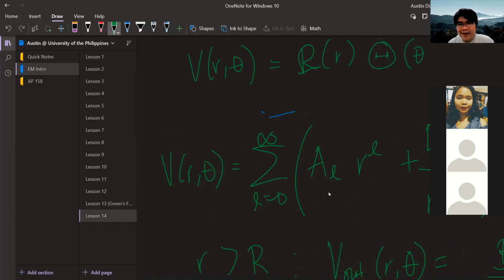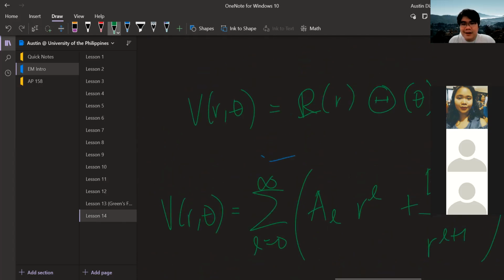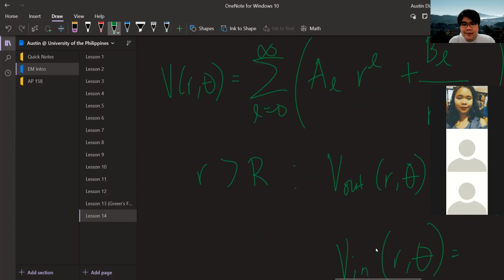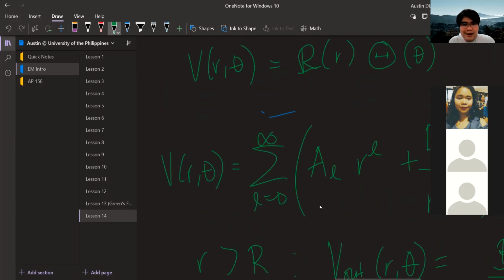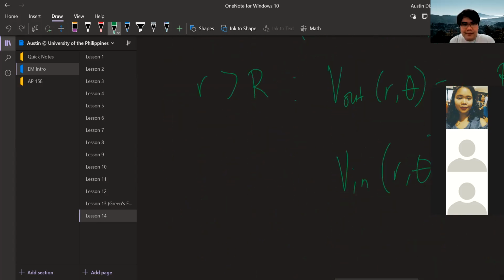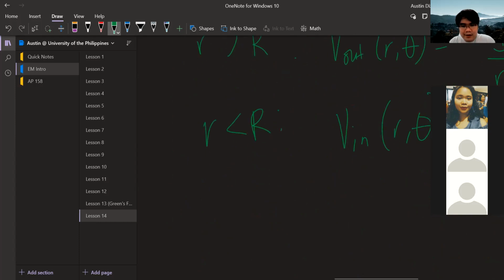Ganyan, di ba? Yan yung separation of variables. Okay? So, I don't need to do that kasi alam ko naman yung general solution mo. Okay? So, ito na yung general solution mo. Dito. Okay. So, let's continue.